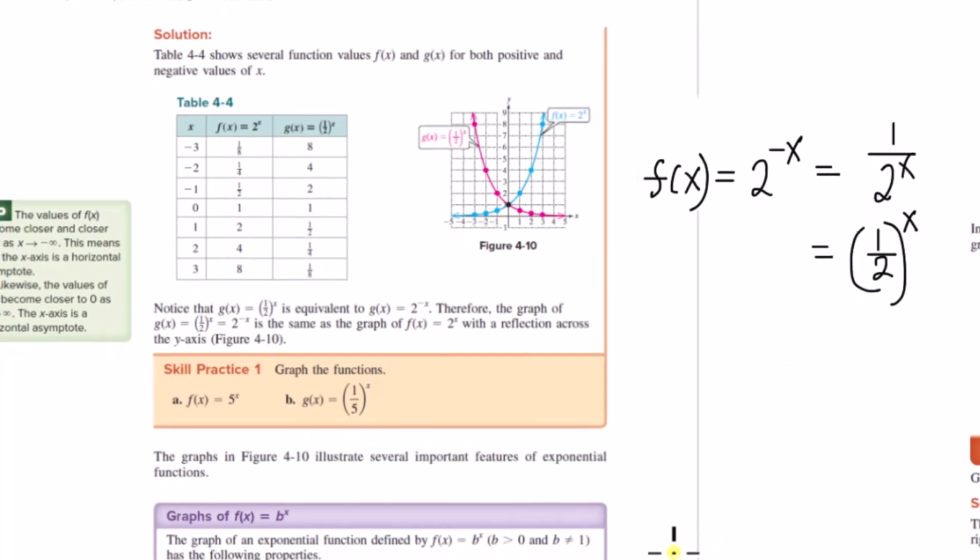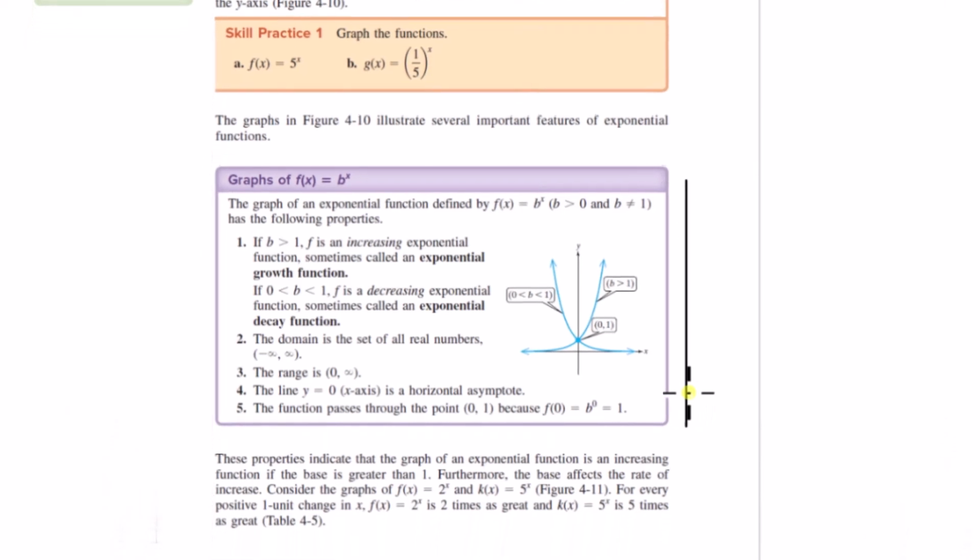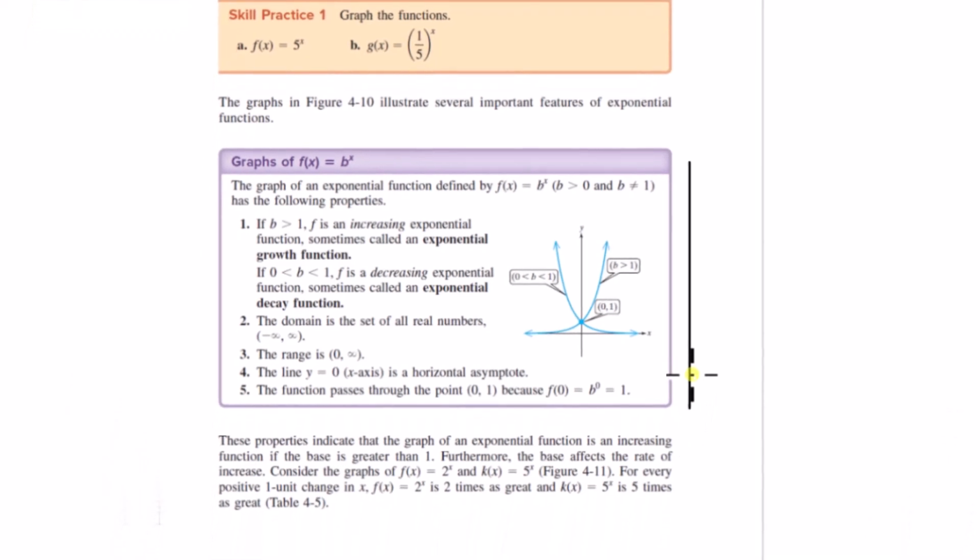Okay, and so with that, we can summarize the graphs of exponential functions. So any exponential function, a growth or decay function, is going to have domain all real numbers. You can input any x value you want, and you're going to get an output, right? Because the base can't be 0 by the definition, so you can input any x you want.